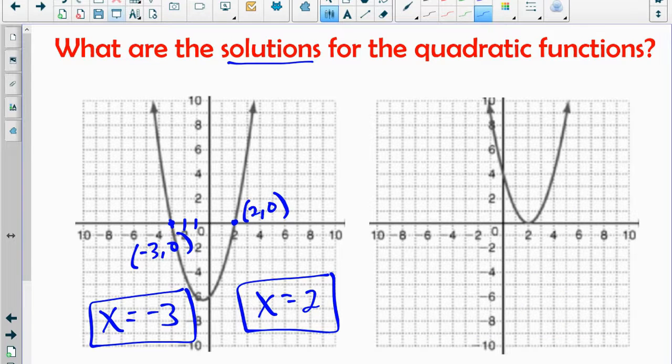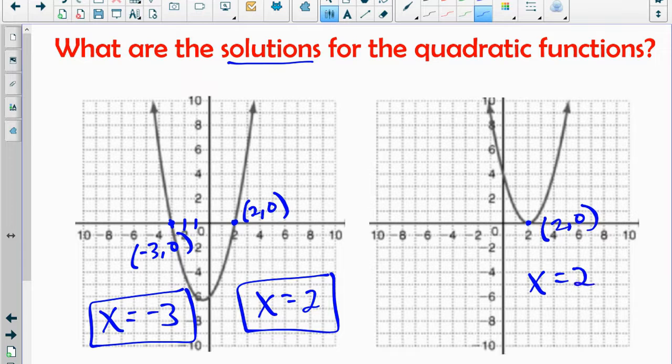So what do we have for a solution on this graph? Well, if I were able to zoom in even further, which unfortunately I can't, I would notice that my parabola comes down to the x-axis and it just barely touches it right at the bottom, at that vertex, and then it swings and goes back upward. So on this one, it is touching the x-axis right at 2 comma 0.